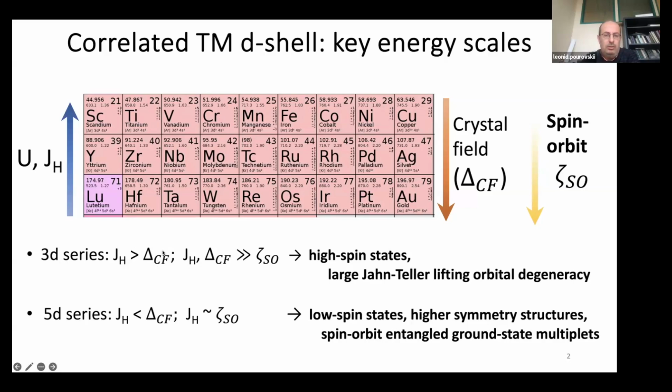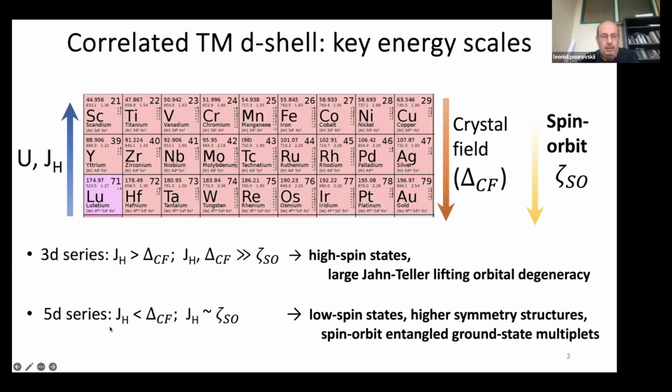Hence, we have a tendency towards high spin states, and spin orbit is rather small. As a result, we have, as I said, high spin states and usually large Jahn-Teller effects lifting orbital degeneracy.